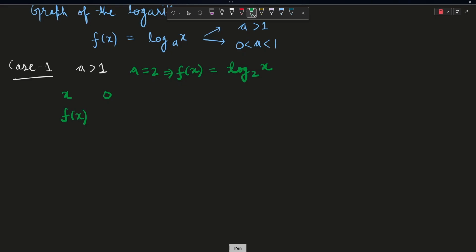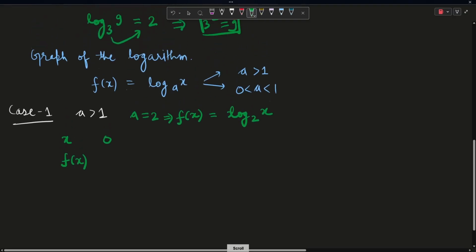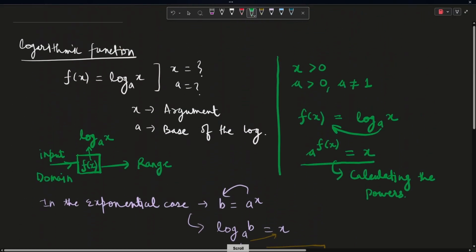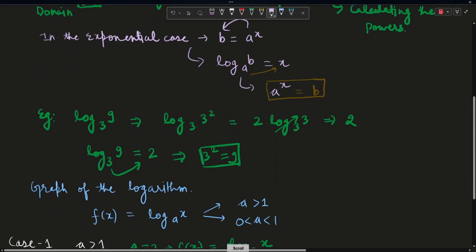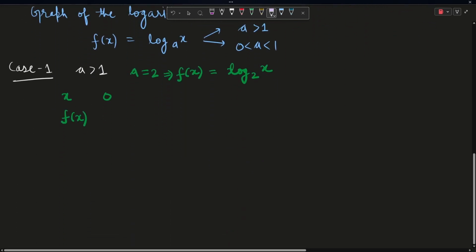If I put x is equal to 0, will there be any value of f of x? There will be no value of f of x, as earlier we have specified that the value of x must be greater than 0.